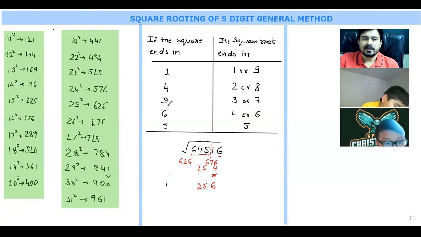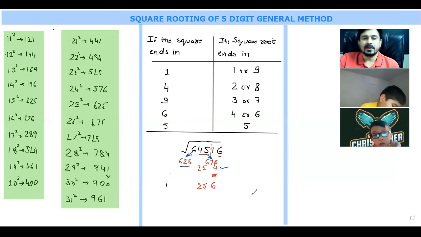Now you will compare whether 645 is closer to 625 or 676. The answer is 645 is closer to 625, that is the smaller number. So the smaller of the two is going to be the answer.